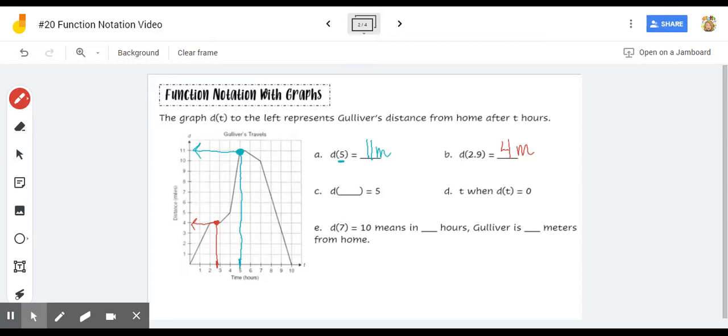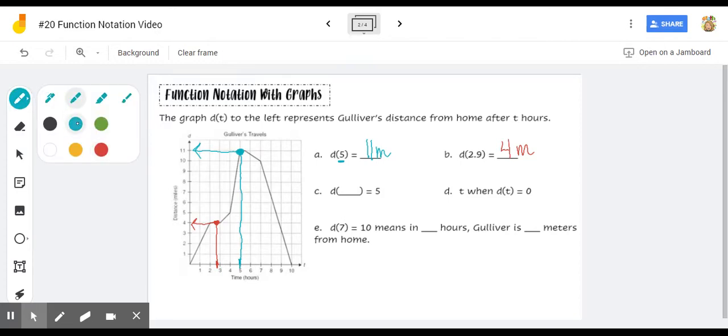All right, so now let's reverse things. We're given an output of 5, and we're looking for what input would give me that output. So instead of going on the time axis, we're going to go on the distance axis.